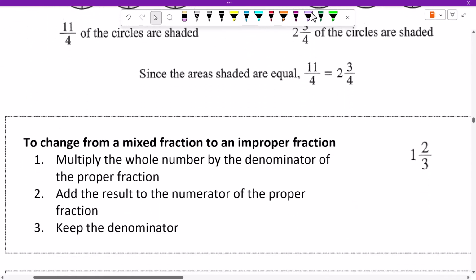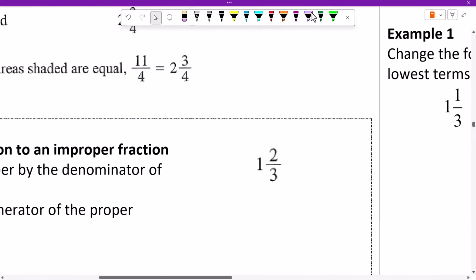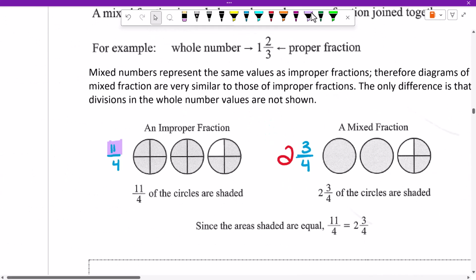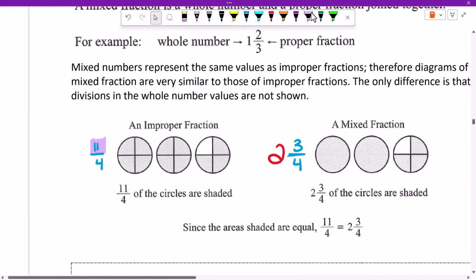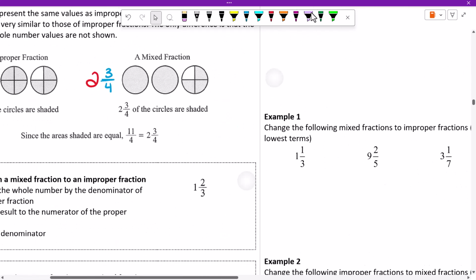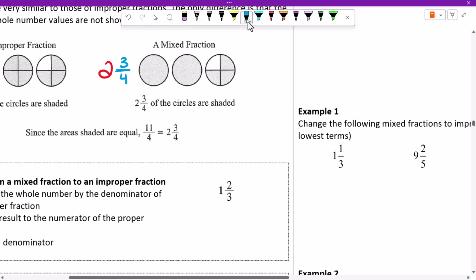So to convert, there's a couple of steps. Going over here, we're going to convert this. Notice the size of the pieces never changes. The bottom numbers always stay the same. So here, if I want to convert this to an improper fraction, it was out of 3, it stays out of 3.